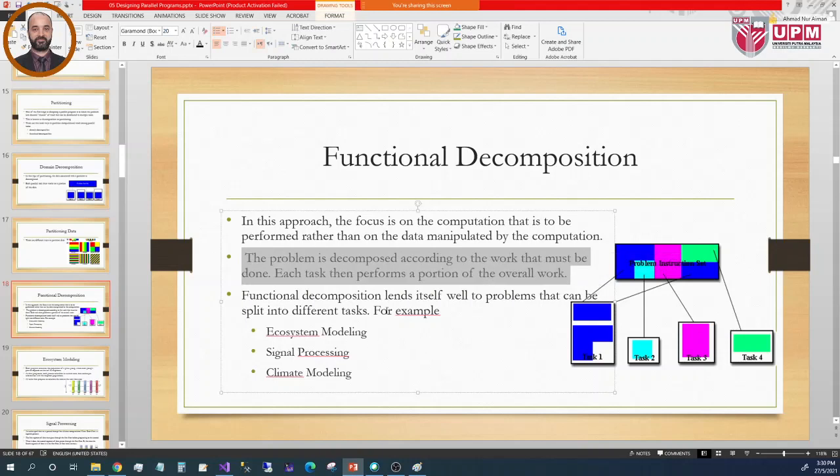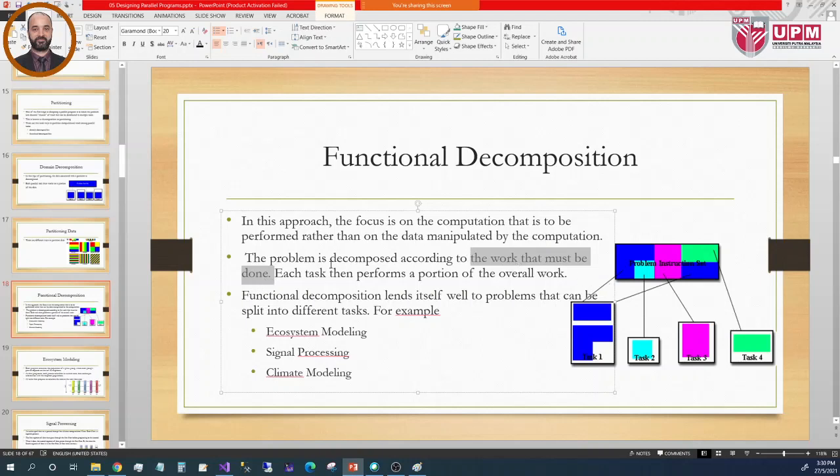Yes, sir. Okay, good. So the problem is decomposed according to the work that must be done. The work that must be done in the first function here is to calculate the tax, right? And the work that must be done in the second task is to calculate the allowance.